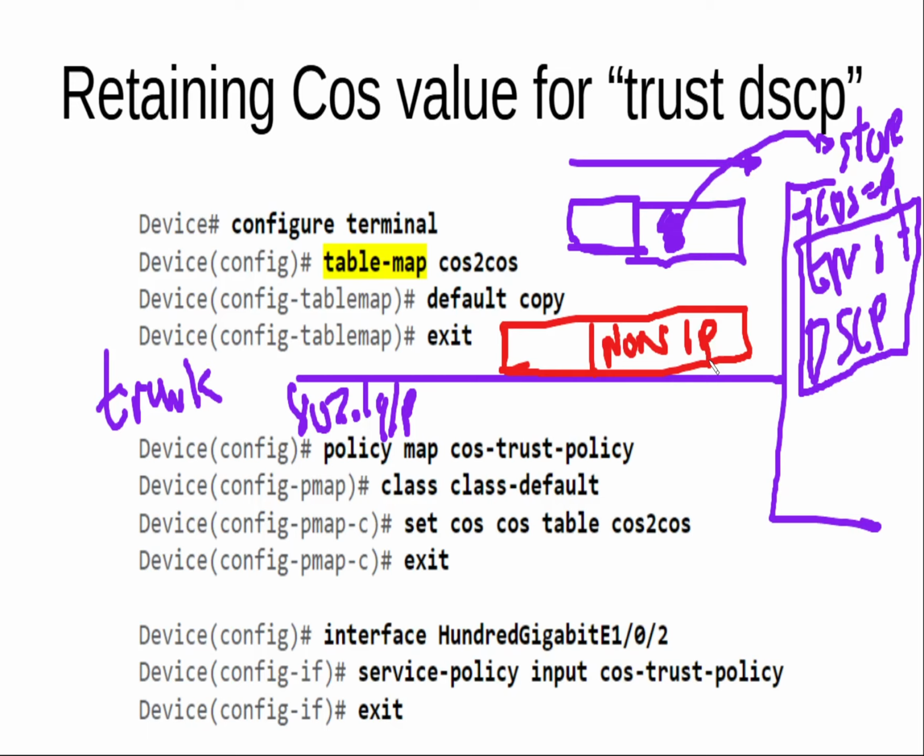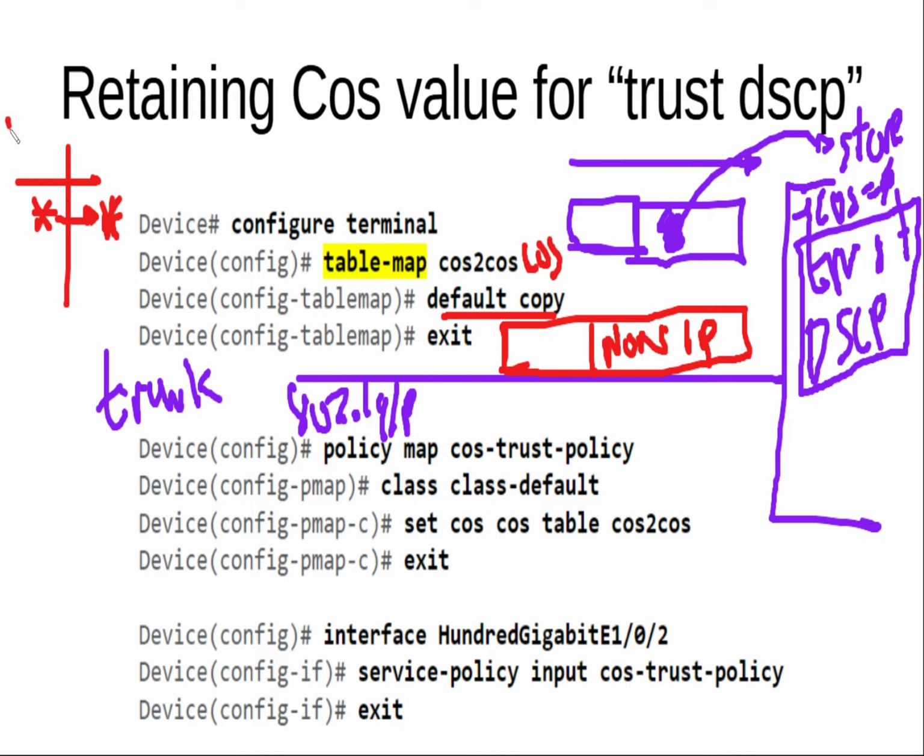So I want to preserve some sort of information, so I'm going to preserve the cost value. So I'm going to use a table map. Notice that this table map says default copy. So everything will be mapped to everything.